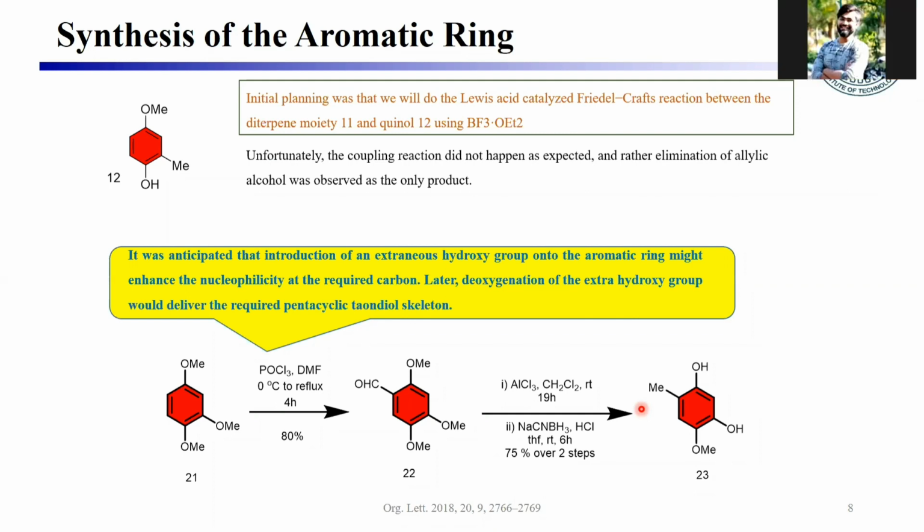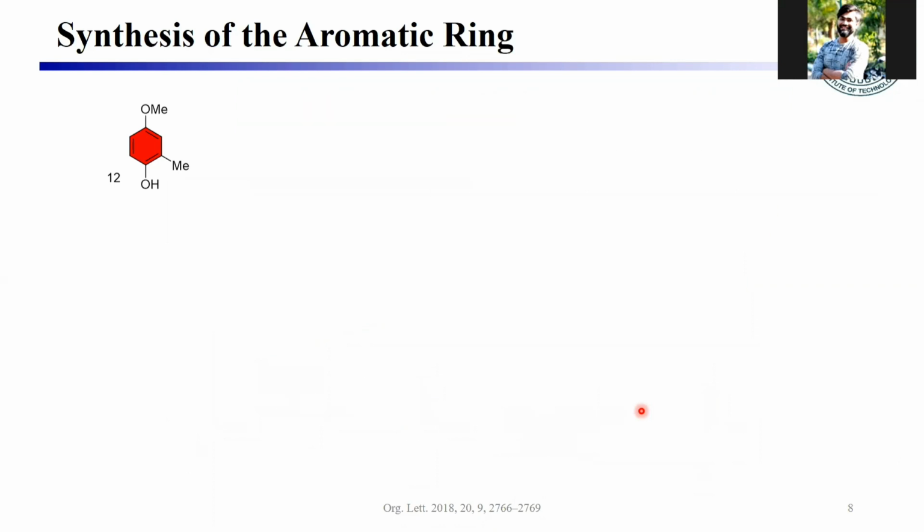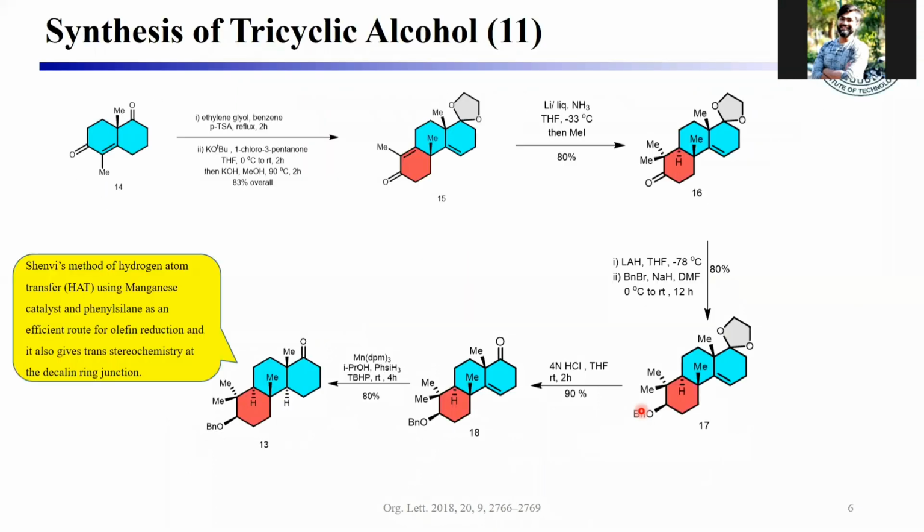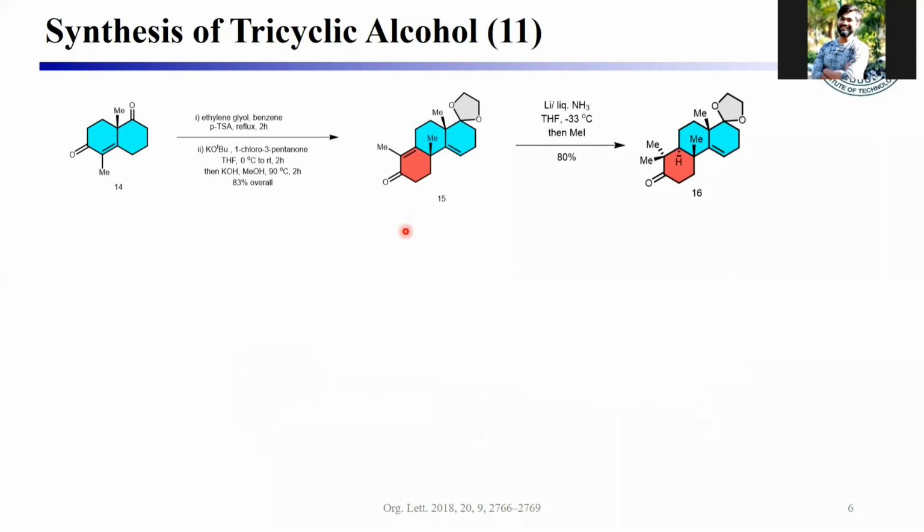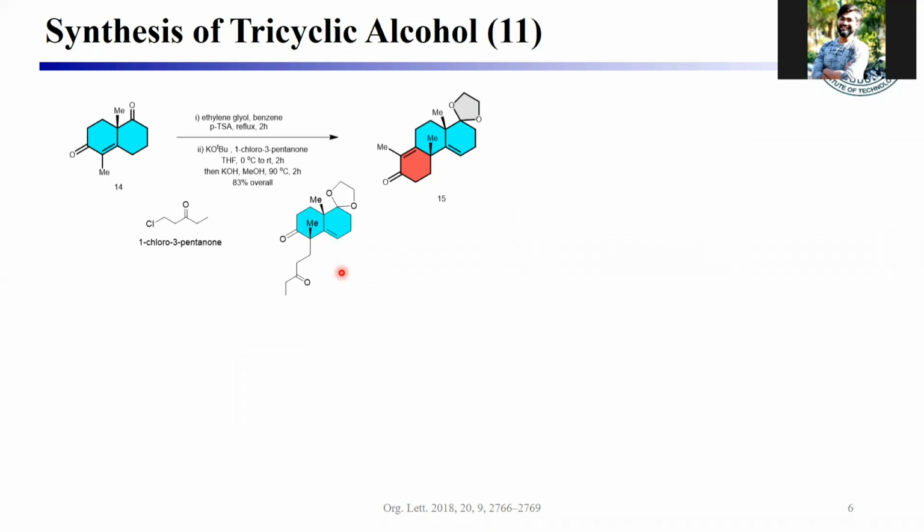Okay, thank you. Please go to slide number 6. In 14 to 15, the last step, a Robinson annulation type reaction with KOH. There are two acidic protons here, so a 5-membered ring is also preferable? 1, 2, 3, 4, 5... no, sorry, 3, 4, 5, 6.